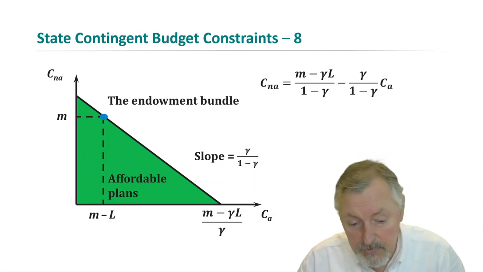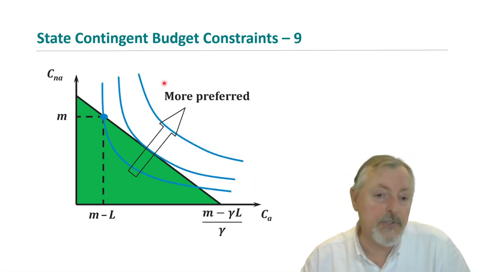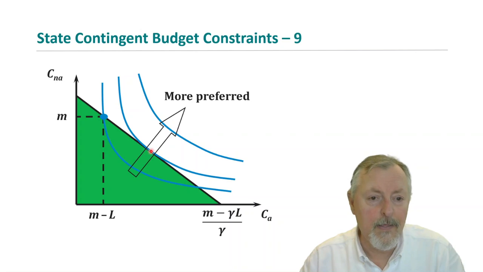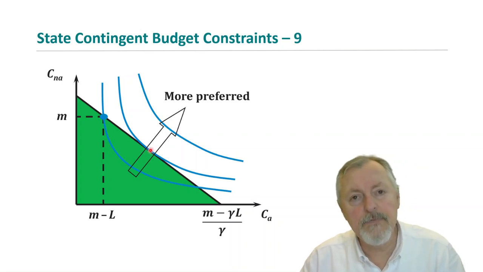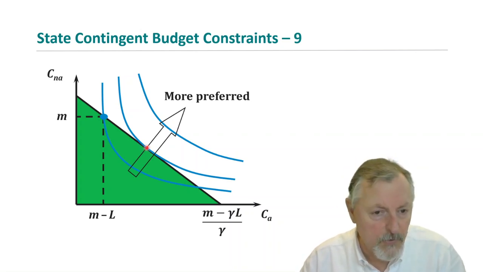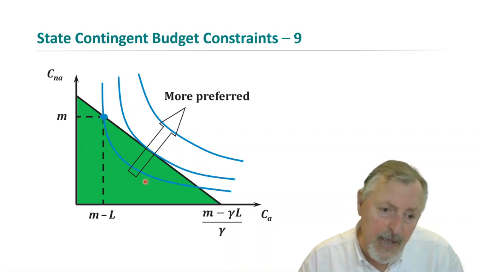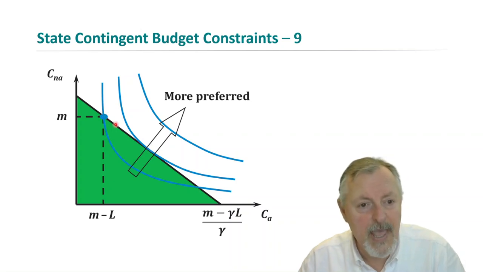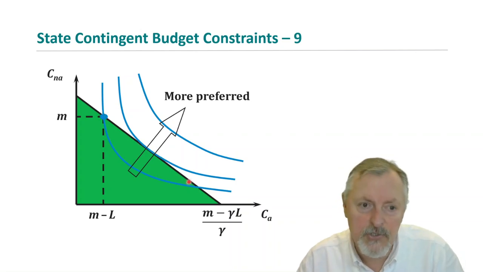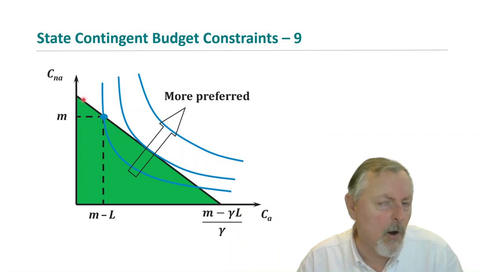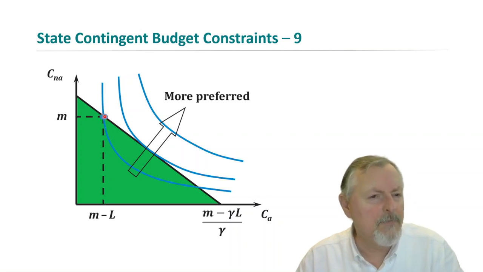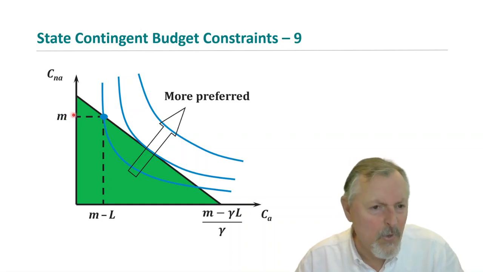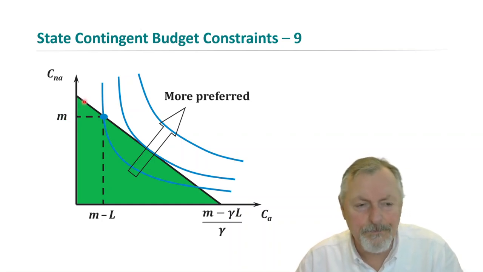Now, you have preferences over these two states of the world. Here, that is the highest indifference curve you can get to. So that if there's no accident, you have that much consumption. If there is an accident, you have that much. Going from here to any point southeast of it, you're buying insurance, right? But what about this part? Well, if there's no accident, you only have this much consumption. How do you end up with a point up here?